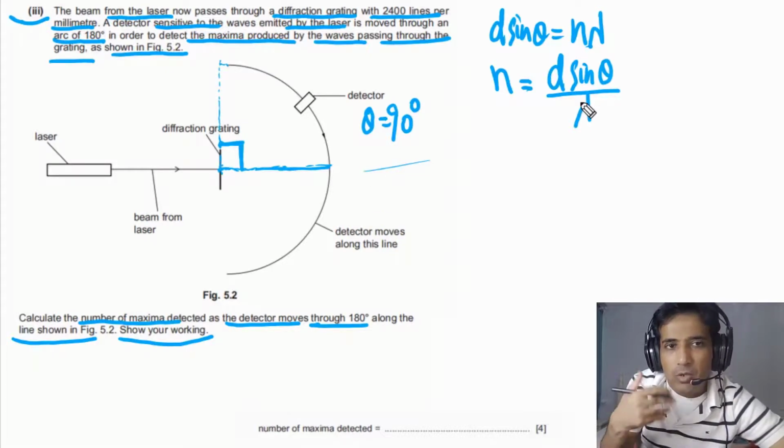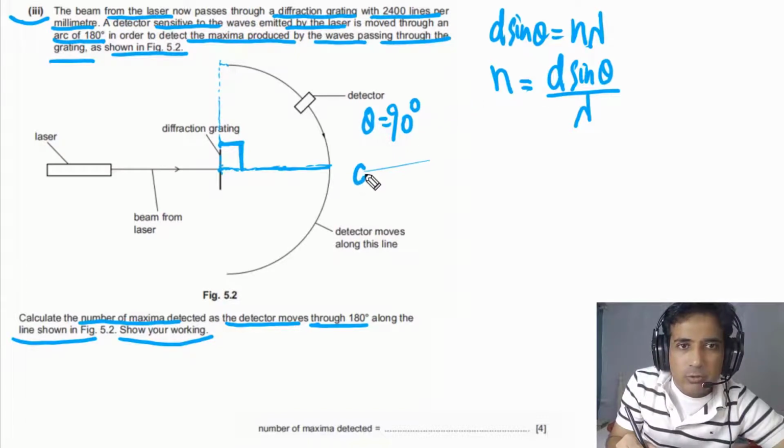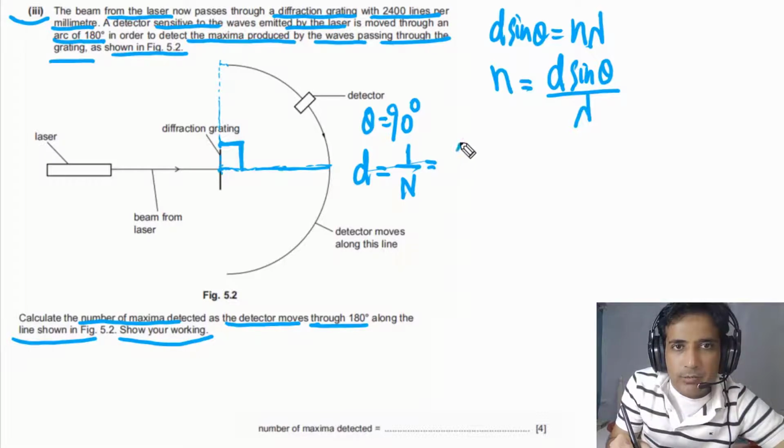Wavelength we have already, it was given to us. Now we need to find out d. In order to calculate d, we need to understand d is equal to 1 over n. But for this question, it is given to us, we have 2400 lines per millimeter. So it simply means we can write this is 1 over 2400 lines per millimeter.